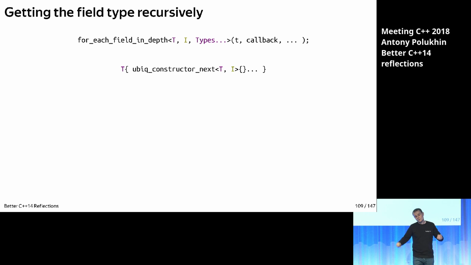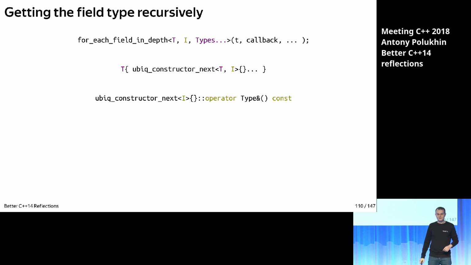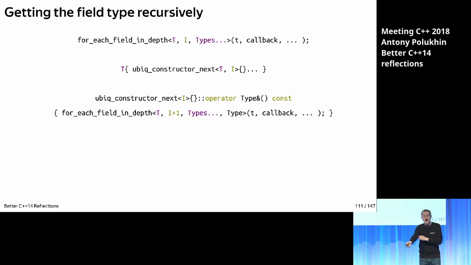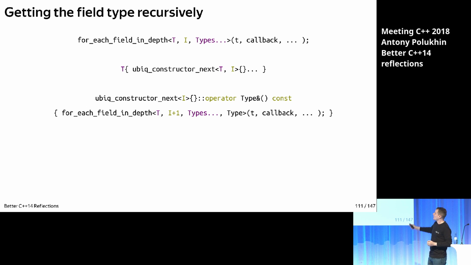Inside that function, we call UBIC constructor next and give it a type and then the index we're interested in. Inside that UBIC constructor next, there is an implicit conversion operator, no surprise here. And inside that implicit conversion operator, we call for each field in depth again. This time, we call it for the next field, and we remember the type we've just met.